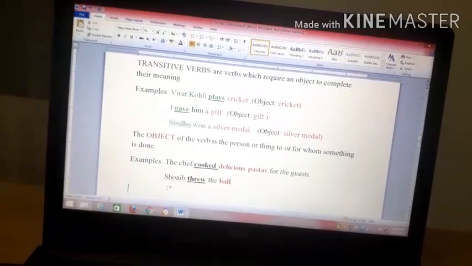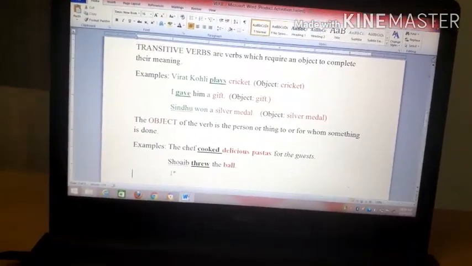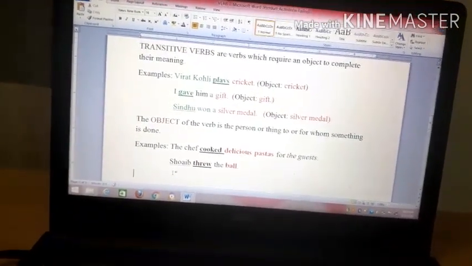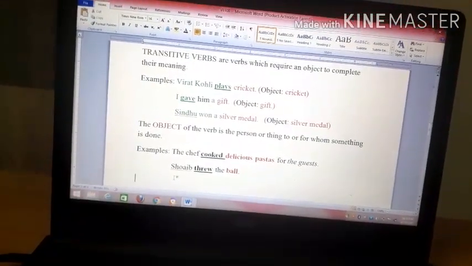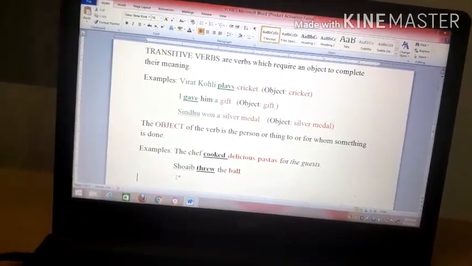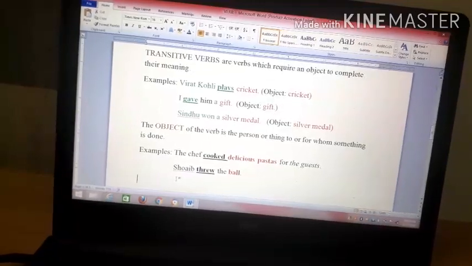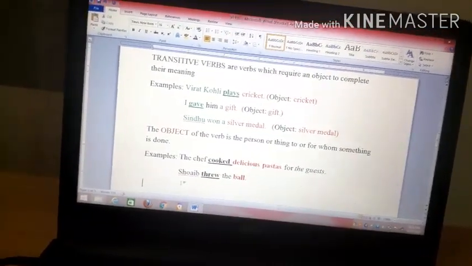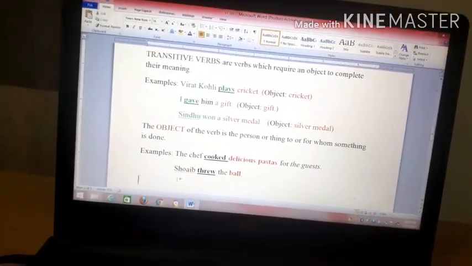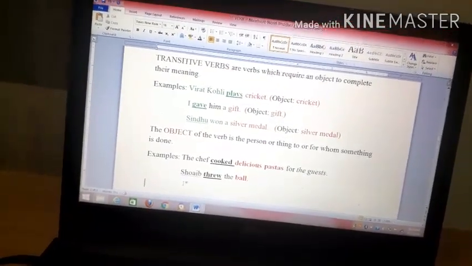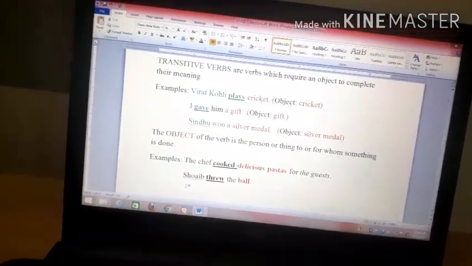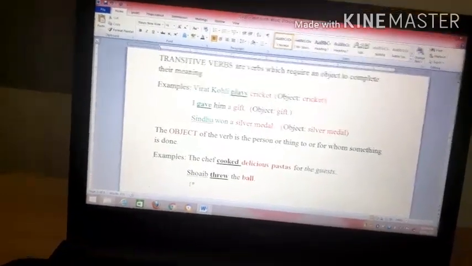For whom? For the guest. I have written the guest in italics, you can see. So the guest is the indirect object. The direct object is delicious pastas. I will come later to the classification as well. Shoaib threw the ball. What did Shoaib throw? The ball. So here ball is the object.